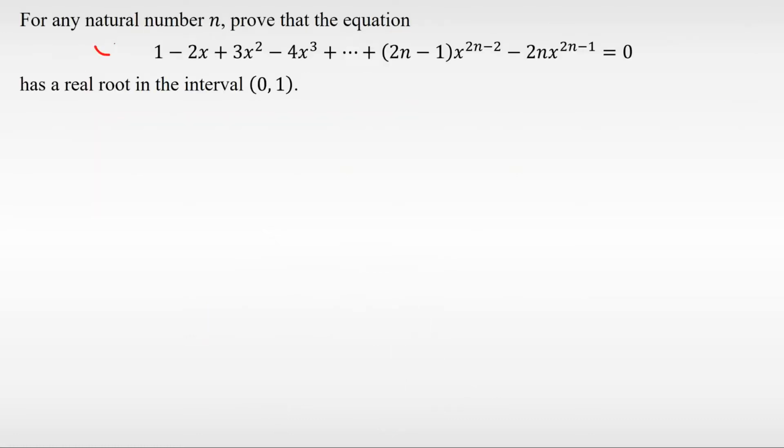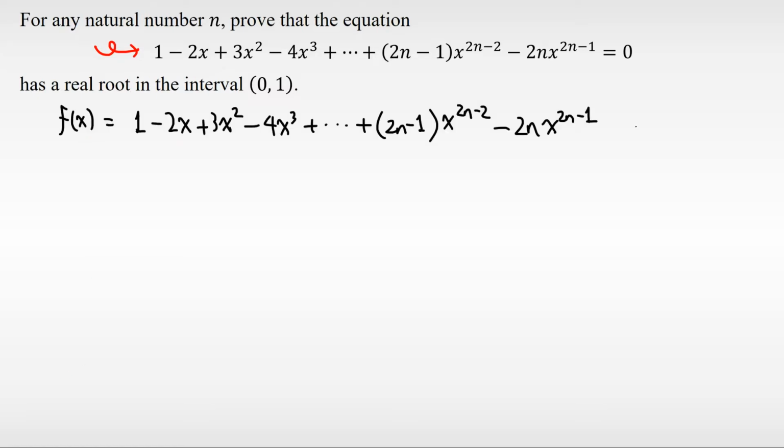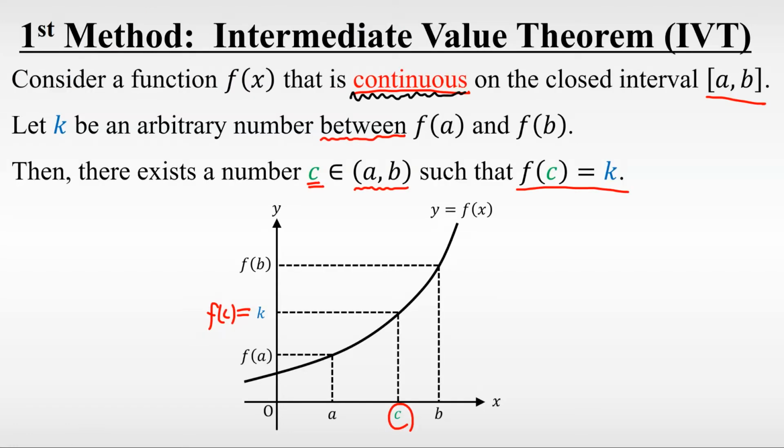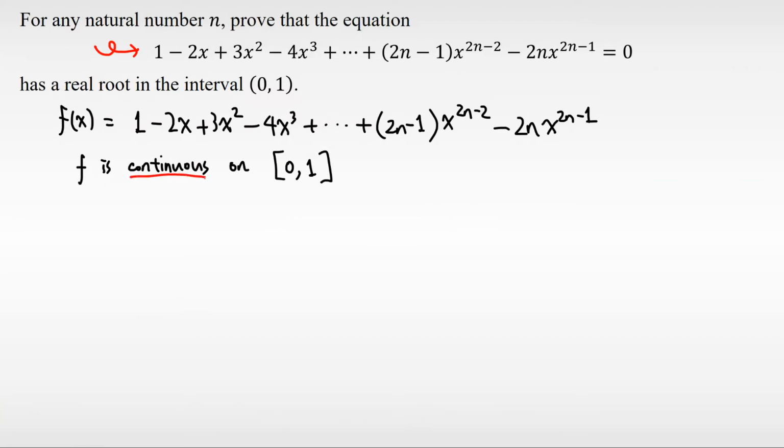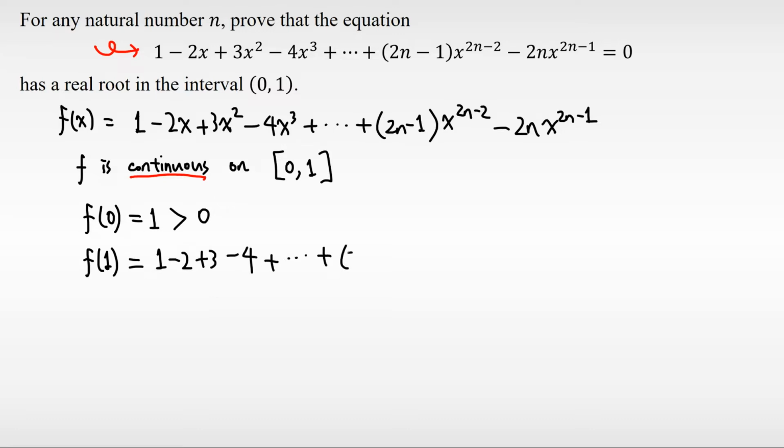For our problem, let the left-hand side of the equation be a function, specifically function f(x). First, we must check the condition for the intermediate value theorem, the continuity of the function. In this case, f(x) is definitely continuous on the closed interval [0, 1]. Moreover, f(0) is simply 1, so it is a positive value, and f(1) is 1 minus 2 plus 3 minus 4 plus ... plus (2n minus 1) minus 2n.